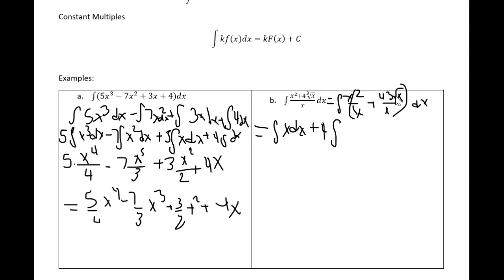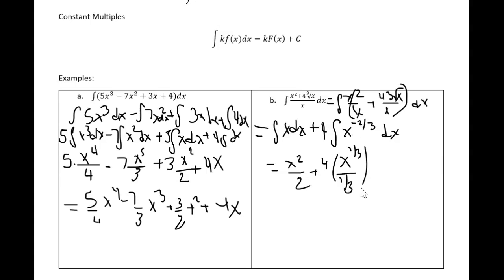And then I know the cube root of x can also be written as x to the 1/3. So I'm going to go ahead and subtract those two exponents, and I'm going to get x to the negative 2/3 dx. Then using my power rule, that's going to give me x squared over 2 plus 4 times, now raise that up and you're going to get x to the 1/3, but then you also have to put it over 1/3.